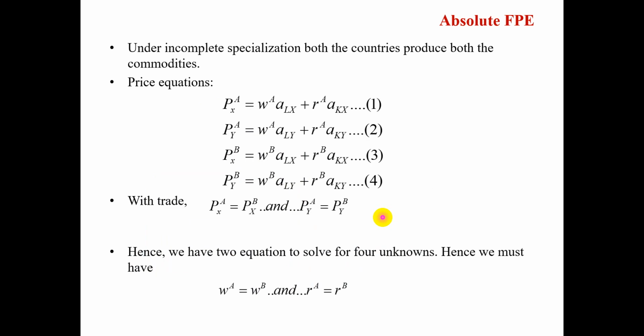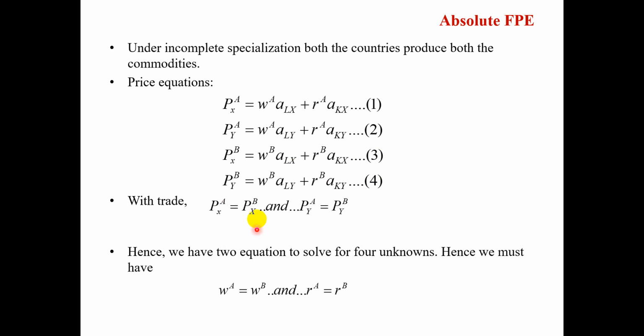Now we move on to the absolute factor price equalization, which is actually a bit easier. So under incomplete specialization, both the countries will be producing both the commodities. So the price equations may be written like 1, 2, 3 and 4.